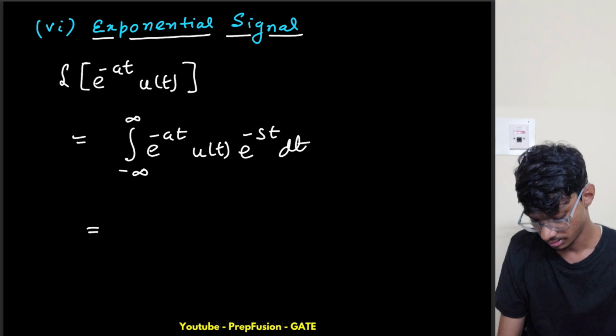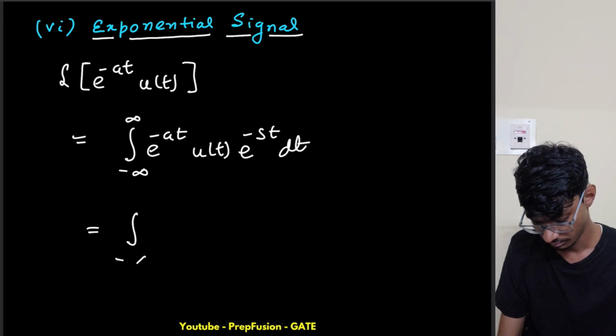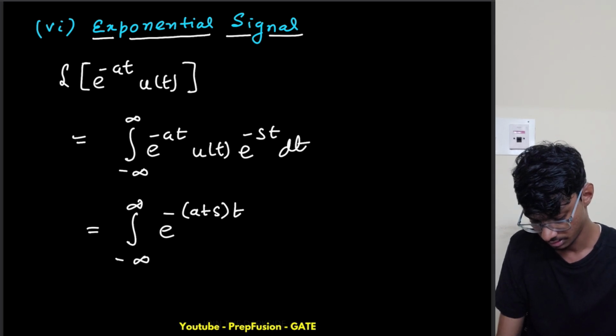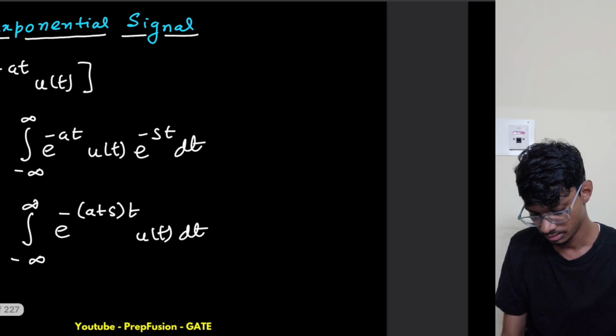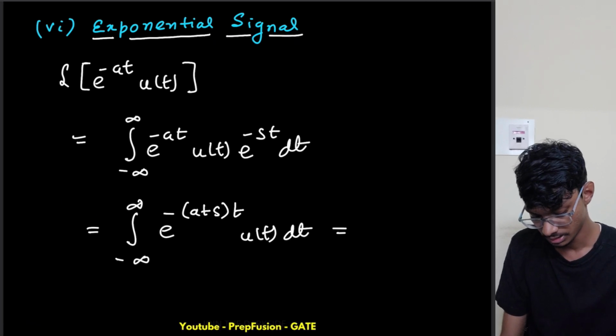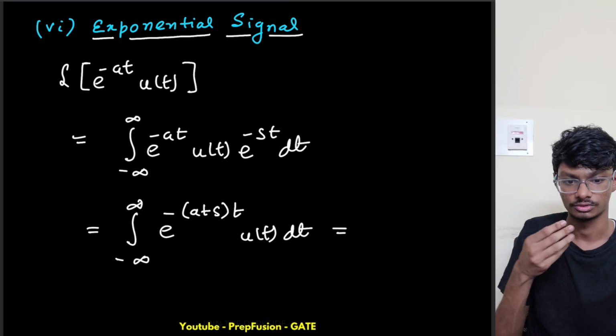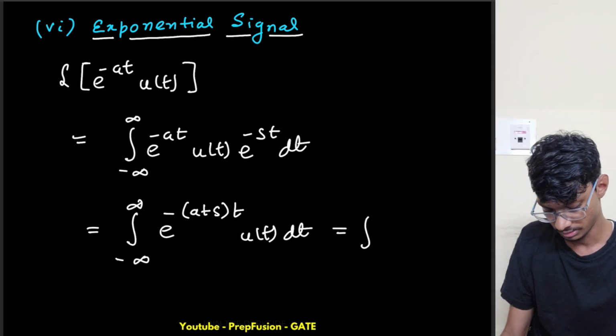So this is e raised to power minus (a plus s) t, u of t dt. Since u of t exists only for t greater than or equal to 0, the integration limits will change.